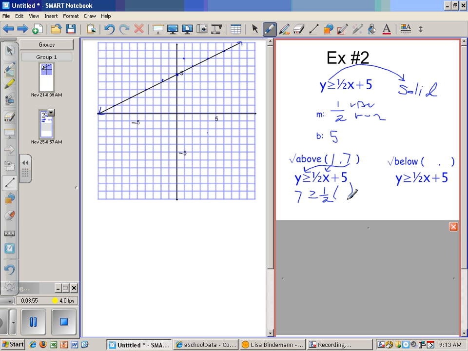(1) plus 5. And notice when I substitute in, I always put parentheses around it, especially when there's a number next to it. 1/2 times 1 is just 1/2. And 1/2 added to 5 is just 5.5.